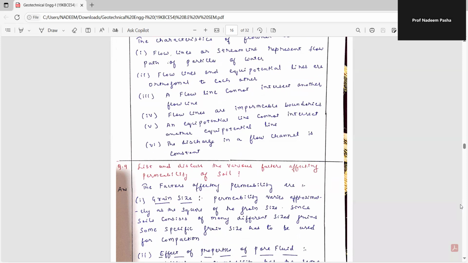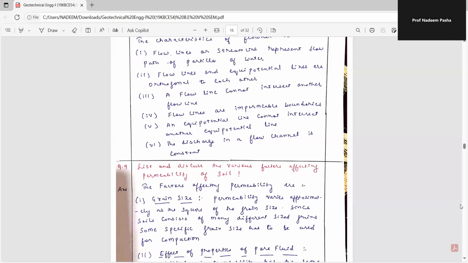Now list and discuss the factors affecting permeability of soil. Number one, grain size. Permeability depends on the size of the grain.